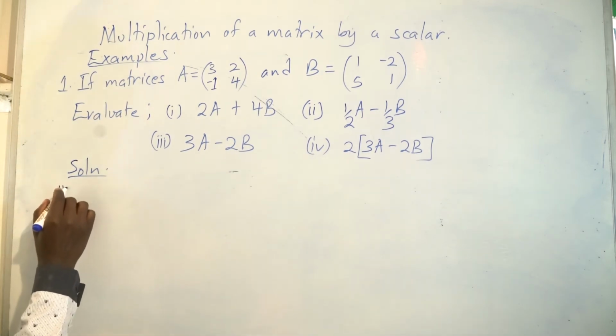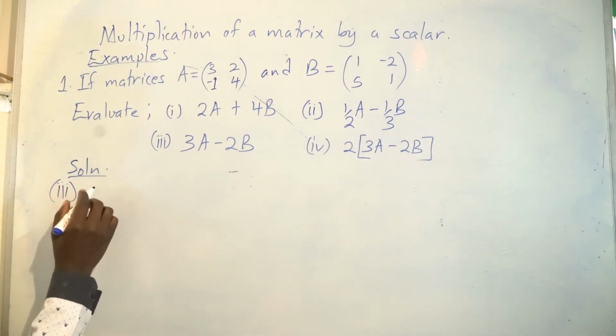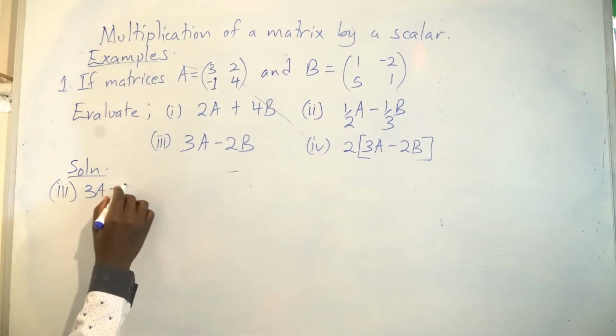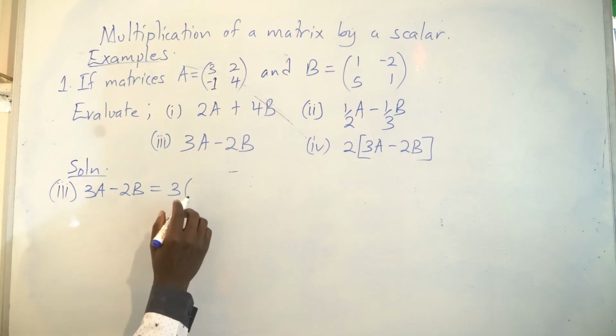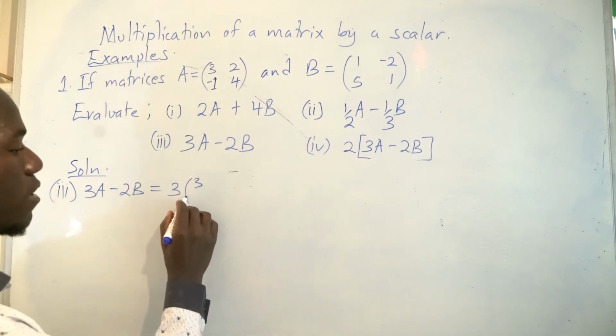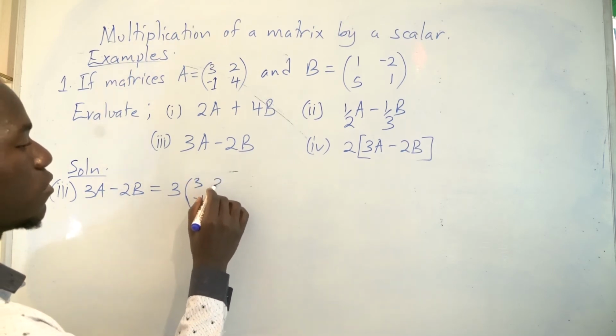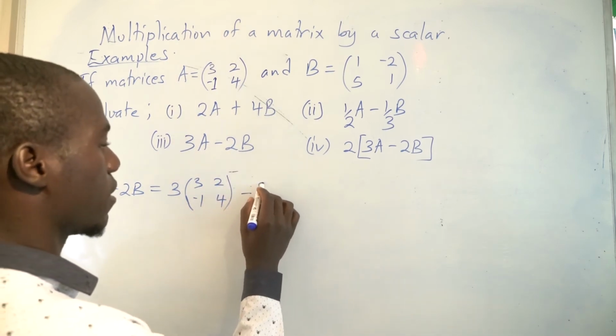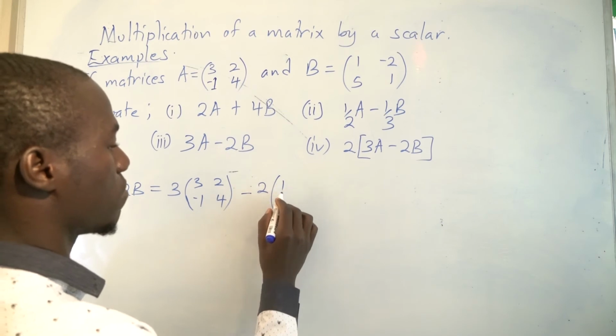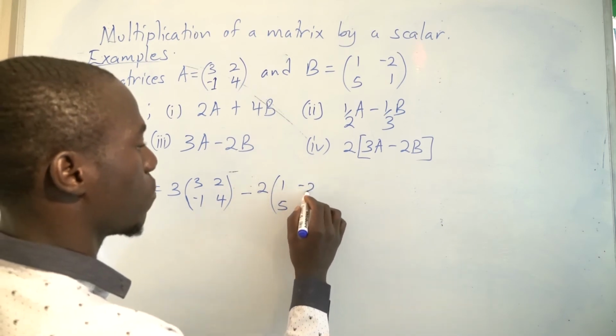Roman 3. First of all, I'm going to substitute my matrix A, which is 3, negative 1, 2, 4. Then minus the 2 times matrix B, which is like that.